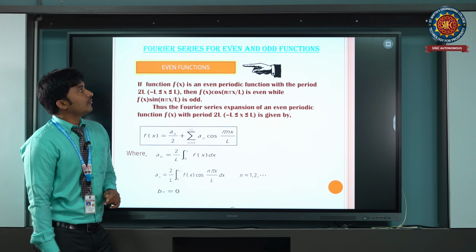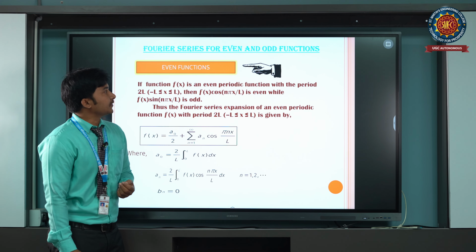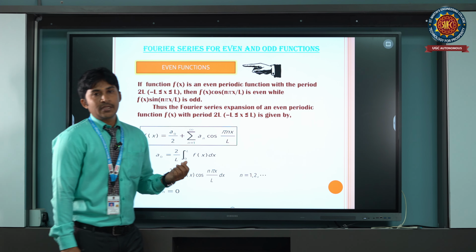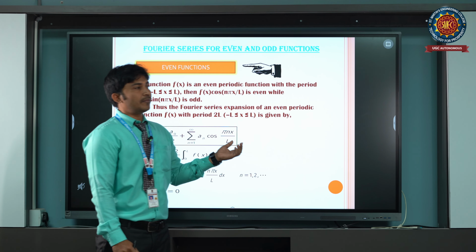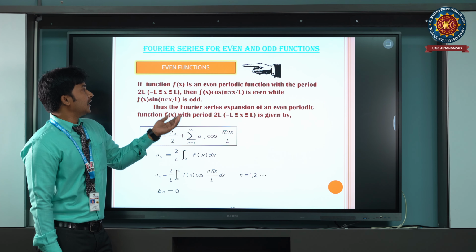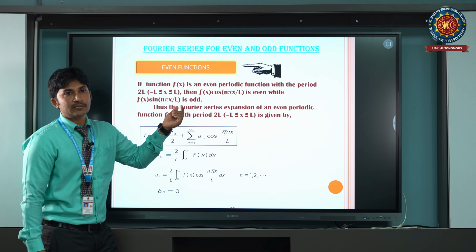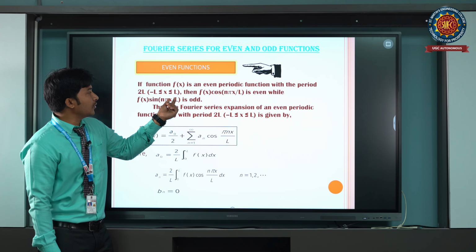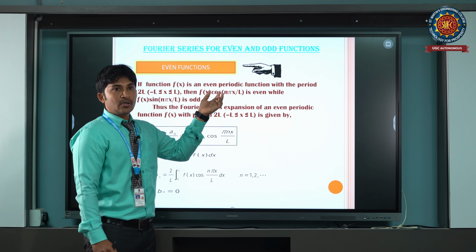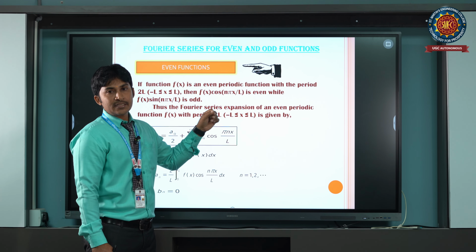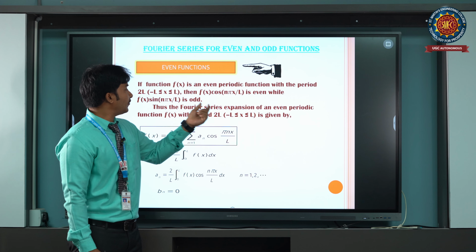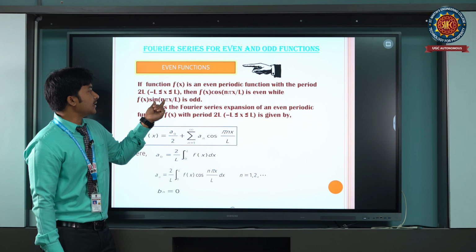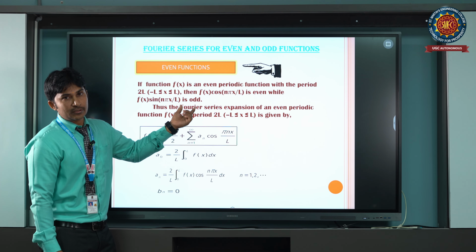Fourier series for even function and odd function. Even function means a function f of x is said to be an even function if the period is 2l, minus l less than or equal to x less than or equal to l, then f of x cos n pi x by l is even, while f of x sin n pi x by l is odd.